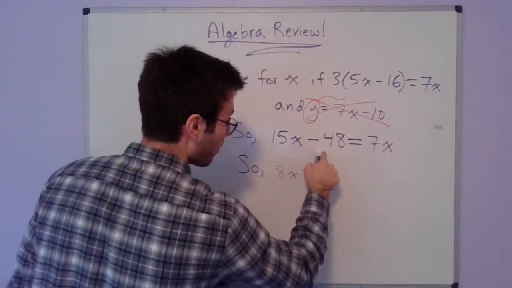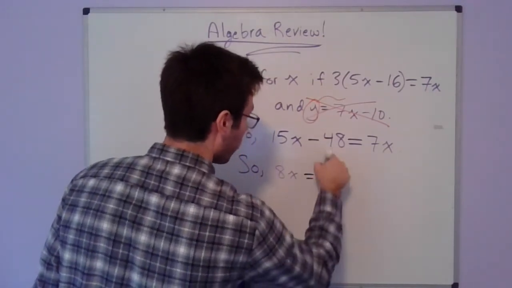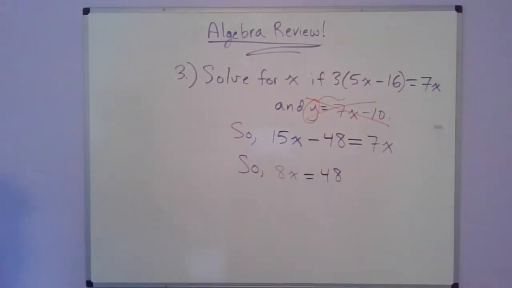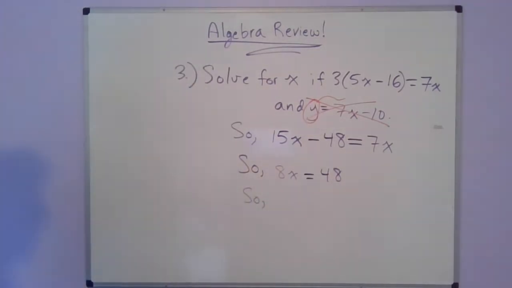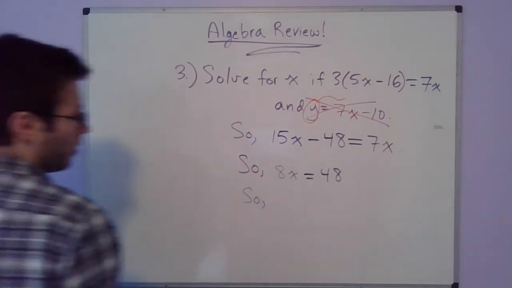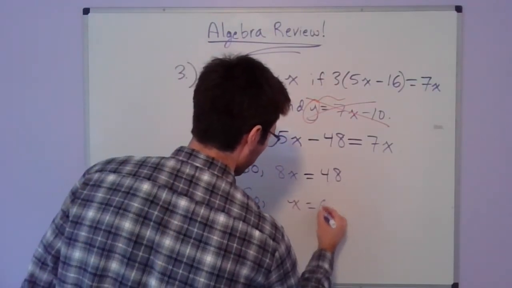I'm going to scoot that minus 48 over to the other side, and in doing so, it changes the sign. At this point, it should be kind of clear that x is equal to 6.